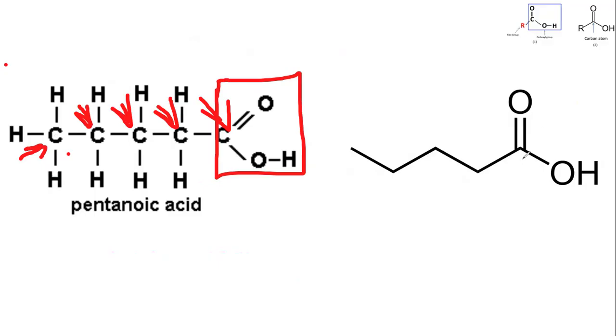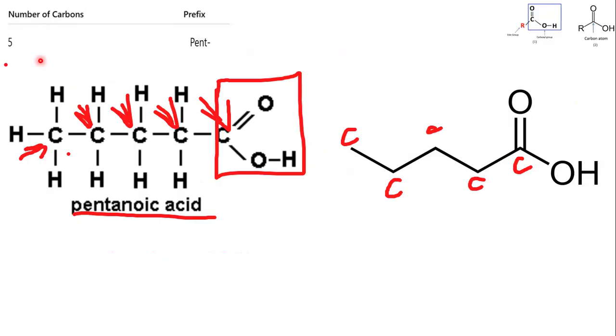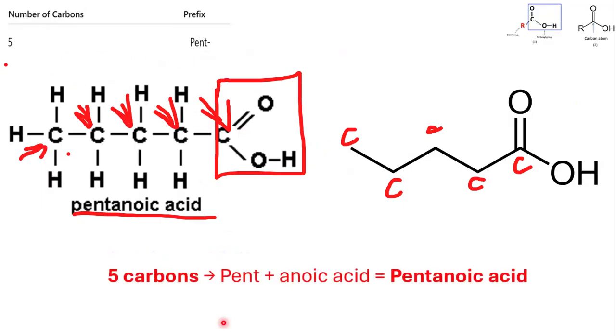So that means that this is definitely going to be pentanoic acid. Why pentanoic acid? Remember, pentagon, right? So if we have five, this is pent, so it's going to be pentanoic acid. Pent because it's five carbons, and anoic acid because it is a carboxylic acid.